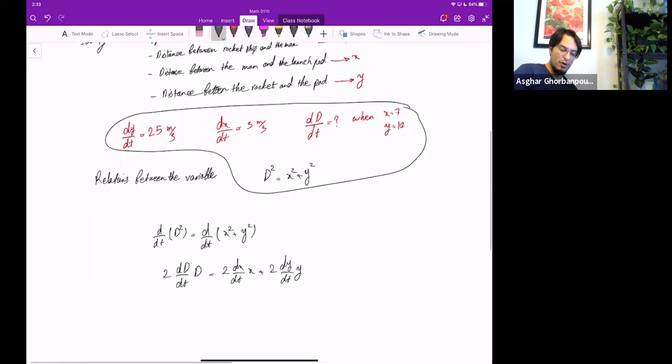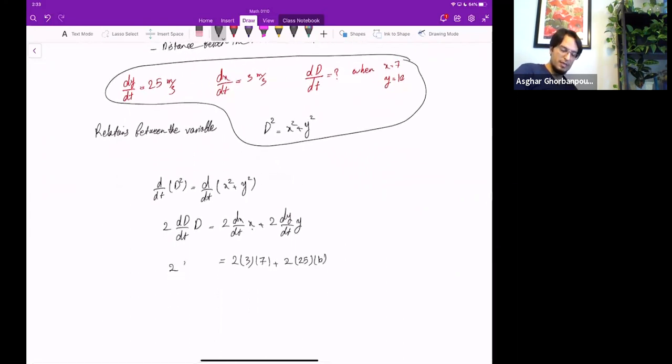Well, I actually now know all the values but one. So let me write on the right-hand side, 2 times dx/dt, which is 3, times x, which is 7, plus 2 times dy/dt, which is 25, times y, which is 10.